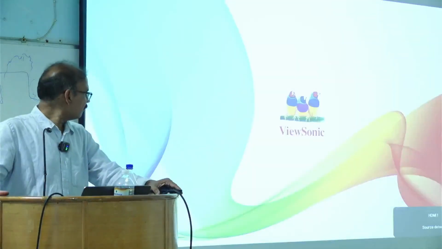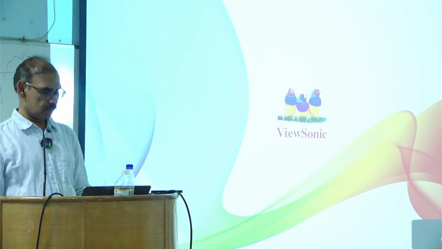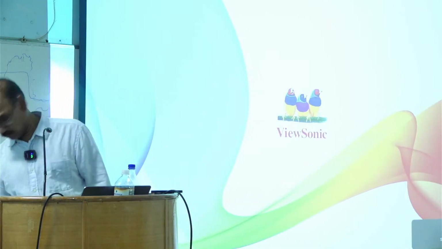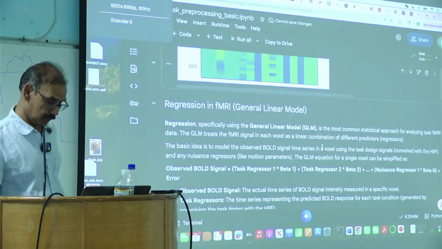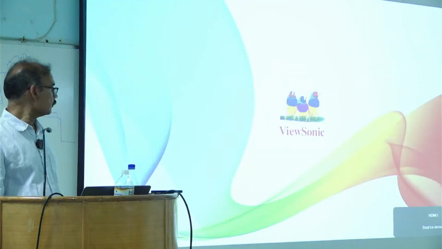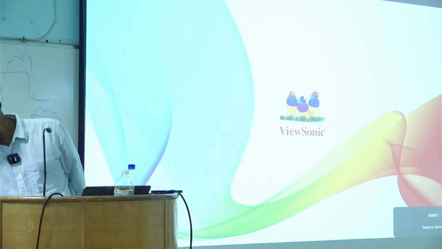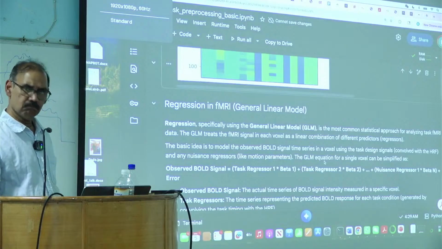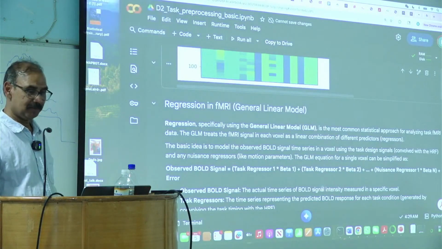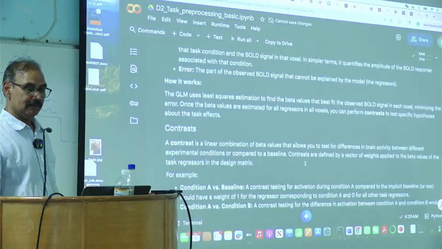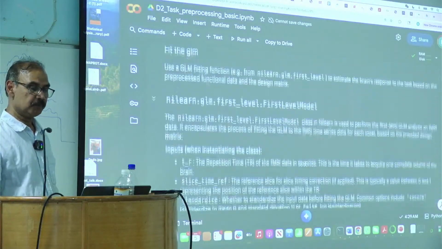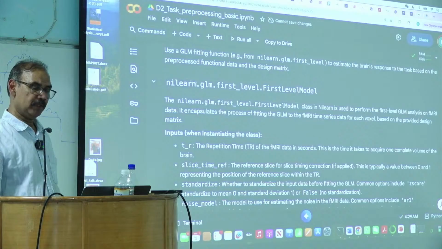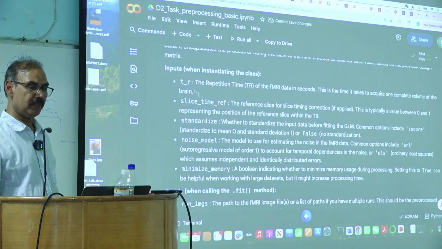Again, there is the GLM analysis that can be done. And this is the slice time reference.